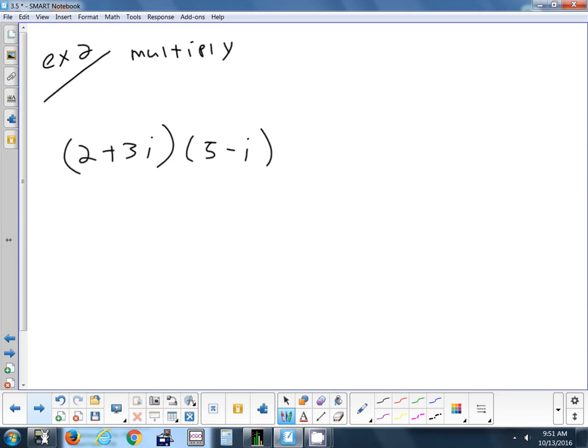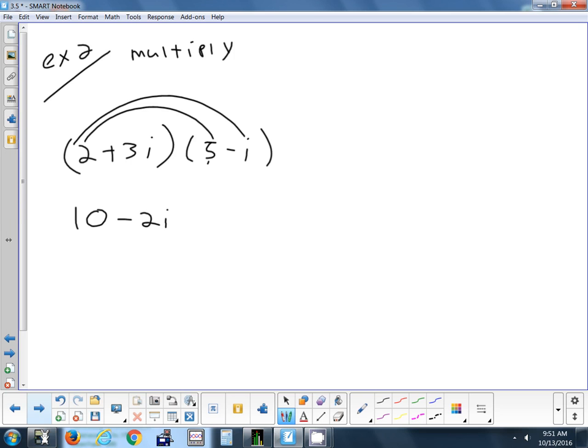All right, so multiplying, as long as you understand the double distributive property or FOIL, that's not too bad at all. All right, so when we multiply here, just follow the FOIL pattern. Okay, what's 2 times 5? 10. How about 2 times -I? -2i.